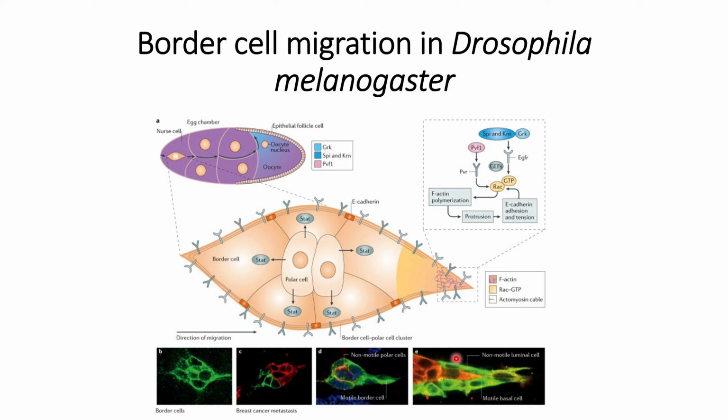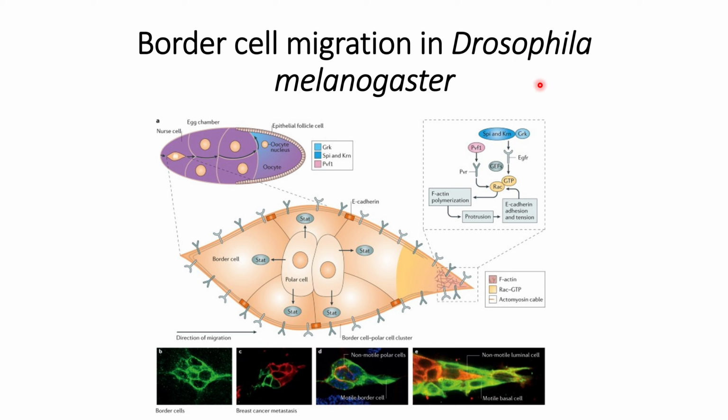So this comparison further made their hypothesis strong that cancer cell migration, not just breast cancer cells, can be easily understood by studying the general phenomena of other organisms, such as in this case Drosophila.